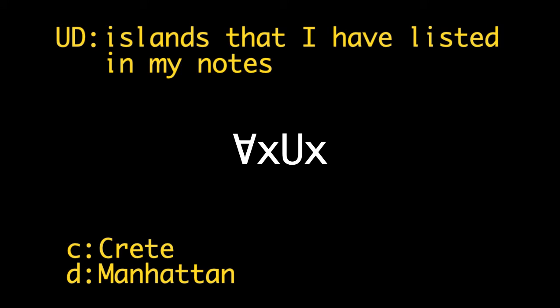However, the symbolization key also has constants for both Crete and Manhattan. QL is constructed so that every constant picks out a member of the UD. So you know that Crete is one of the islands that I have listed. Crete is not in the US, so for all x, Ux is false.